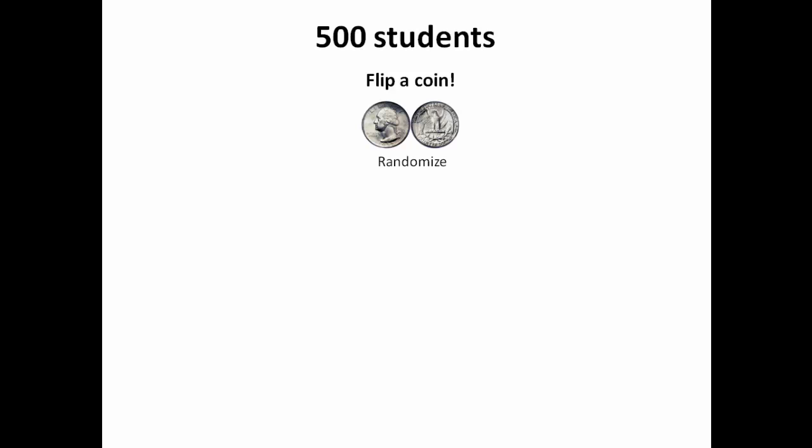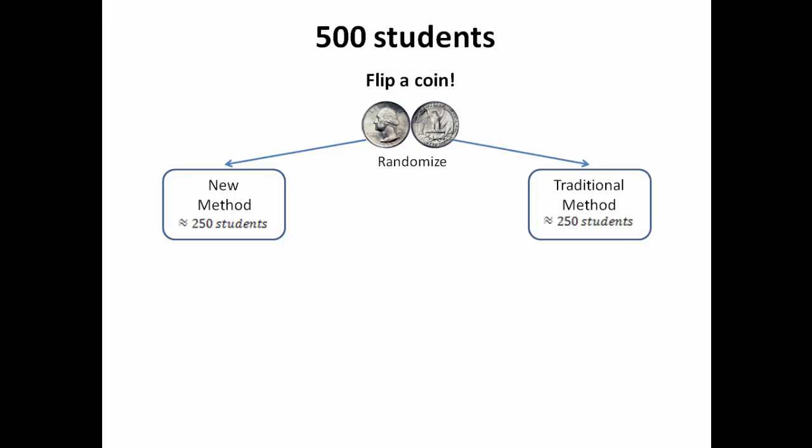This randomization will help to ensure that all the internal biases that are in our group are controlled for. So approximately 250 students, if we flipped a coin, would end up in the new method, and 250 students would end up in classrooms where the traditional method of algebra is used.